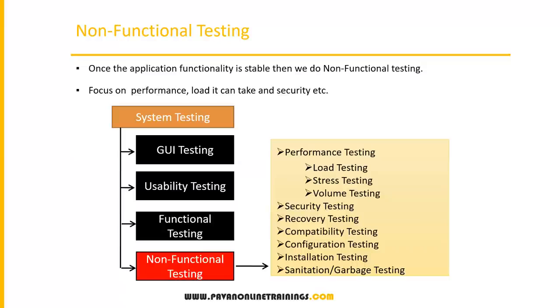Now let us understand what testing we have to conduct as part of non-functional testing. First thing, performance testing. What does performance mean? Simple understanding: performance is the speed of the application. How well my application is responding when I access it with multiple people. In non-functional testing, the first thing is performance, which is nothing but the speed of the application.